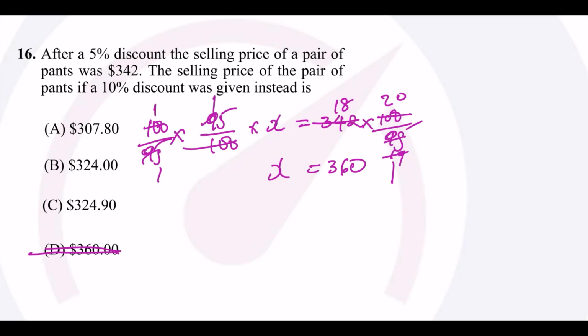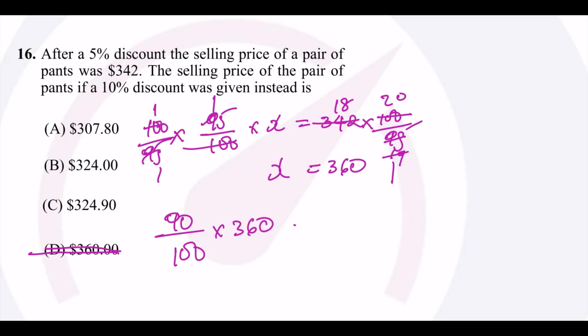Then now it says the selling price of the pair of pants if 10% discount was given. I keep going ahead of myself sometimes. Alright, so we have 100% is the whole, right? And a discount of 10%. So that's 90% of 360.